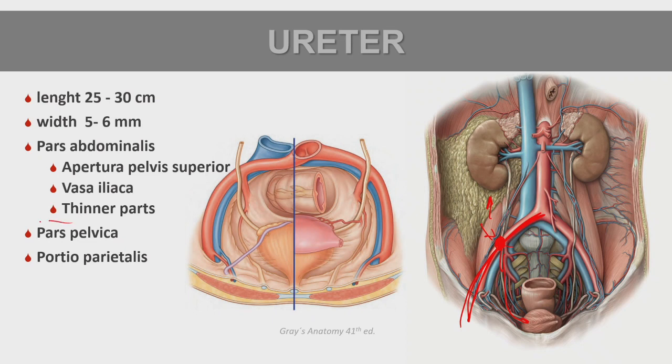This is called pars pelvica. In the urinary bladder, we have a portio parietalis, the parietal portion. That portion is very short and is going obliquely through the wall of the urinary bladder. And we will note why it's important.